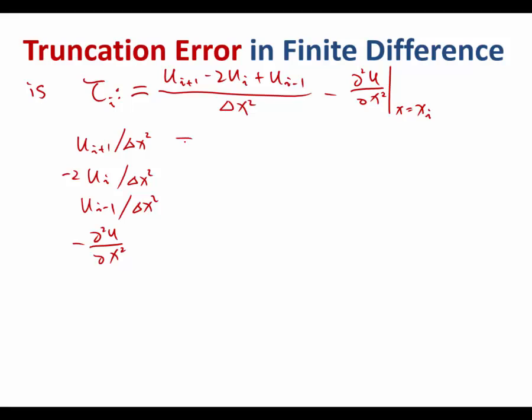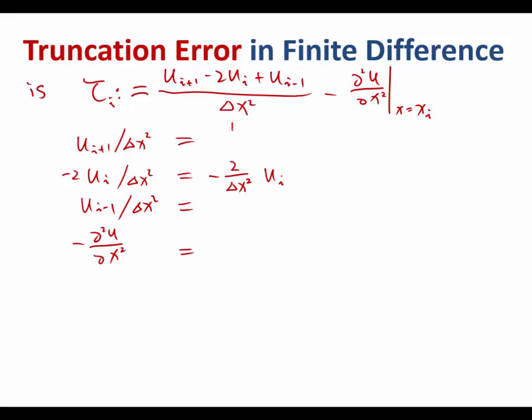I'm going to write down each term and look at where the first non-zero starts to occur. Let me actually do the second term first, because it's easiest. I want to expand everything around u i. So this is just that, and all the other terms are zero.